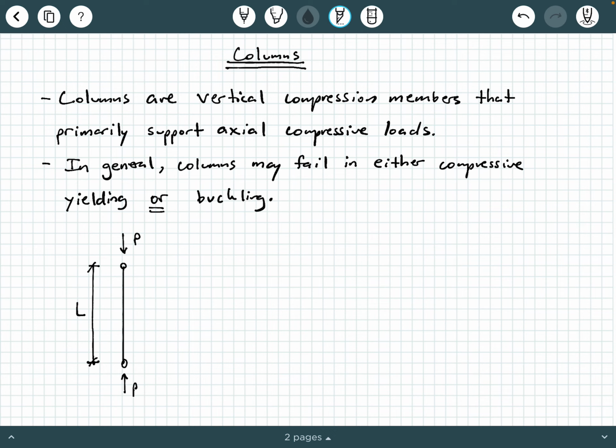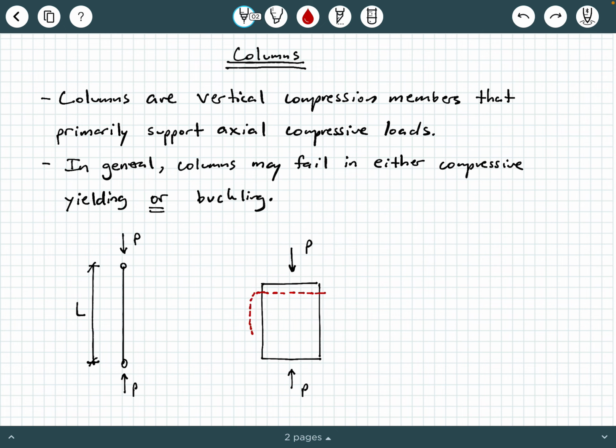Now, during compressive yielding, what generally happens is, I'm going to draw another version of a column here, but a bit wider. If we have this compressive load on this wide column, the column will shorten in length, okay, and then it will bulge out.